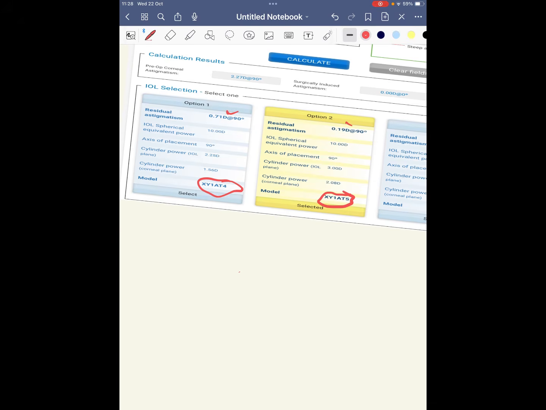Now, the purpose of this video is to show you what changes in the IOL power when you move from a T4 model to a T5 model, without changing the spherical equivalency. The spherical equivalency is the same in both the lenses, right? Now, we know that T4 corrects 2.25 diopters, and half of that is 1.125 diopters. That is important, right?